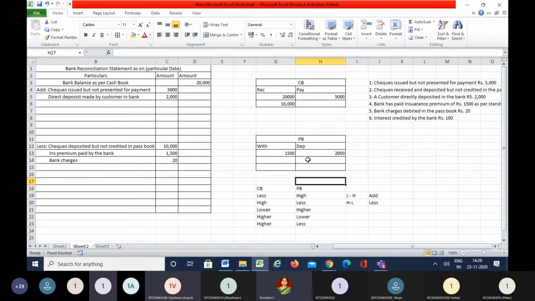So here if the bank is collecting 100 rupees, what is going to happen? The balance is increased or decreased? Increased. So again the passbook is high and the cash book is low. So what are you going to do? Lower to the higher, add.